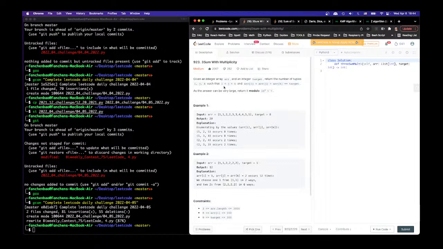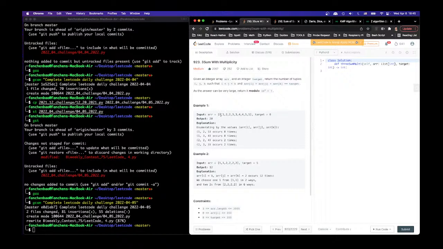So given an integer array and an integer target, return the number of tuples such that i, j, k, and then these three added together equals target. Okay. So target is 8. 1, 2, 5. Oh, hold on.